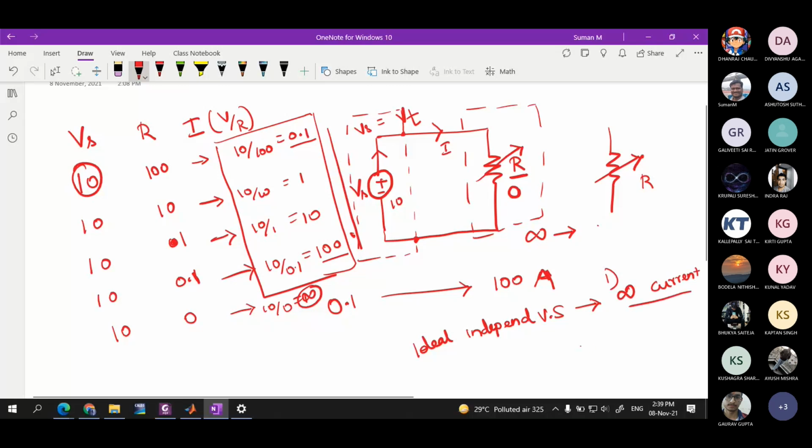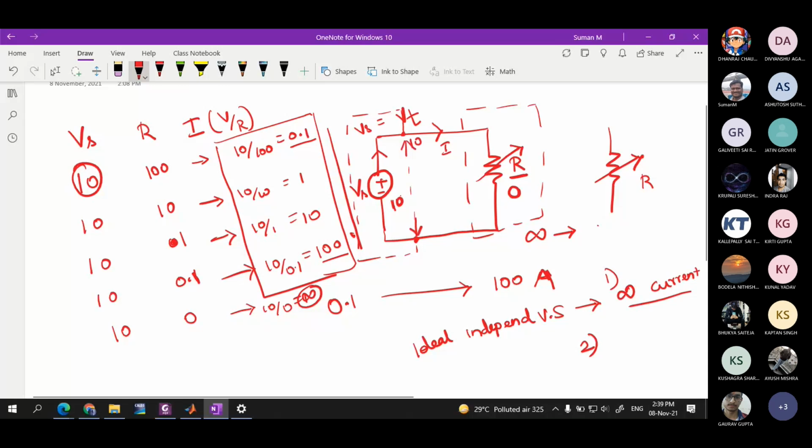And the second thing is, within the voltage source there is no power loss. Let's consider this is the complete source. Within this source there is no power loss, or there is no voltage reduction. So whatever the voltage across this, that is 10 volt, that will be across the terminal, that is 10 volt.